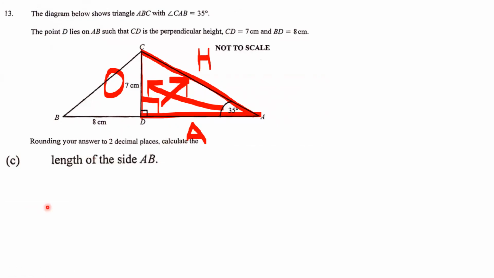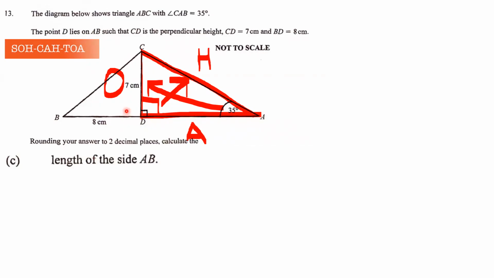Look carefully at your trig ratios. We have sine, cosine, and tangent. We have to use a particular trig ratio that has the adjacent side. Why do we have to use one that has the adjacent side? Because we are trying to find DA. So we need to figure out the length of the adjacent side.